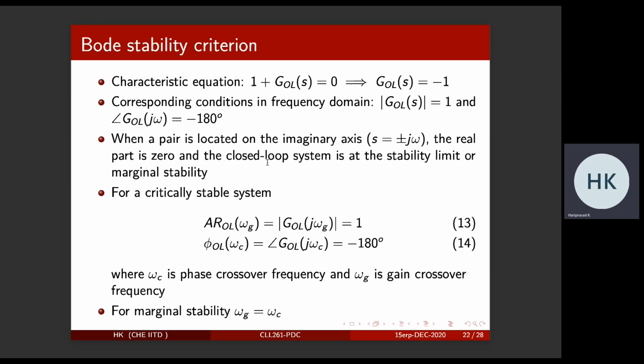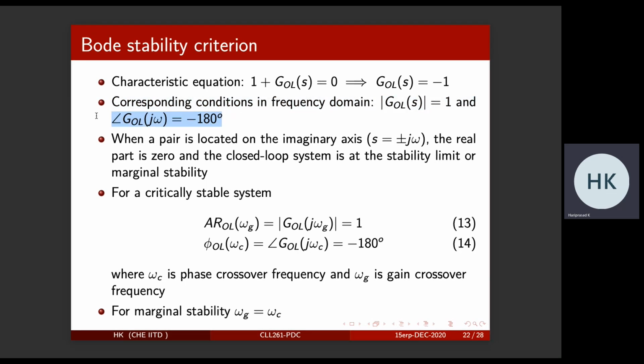So before we look at the Bode plot, of course this is the characteristic equation, and that would give rise to the open loop transfer function is equal to minus 1. So we would look at two critical conditions, which is amplitude ratio is equal to 1, which essentially means that the modulus of the open loop transfer function is equal to 1, and the phase angle or phase lag becomes minus 180.